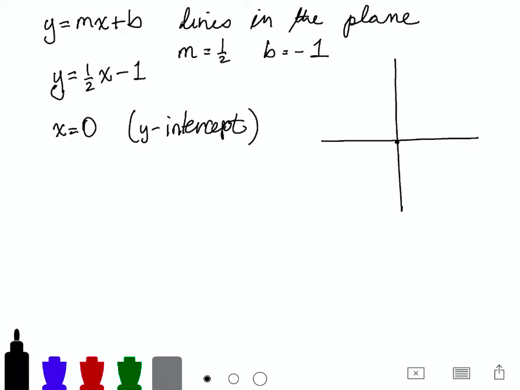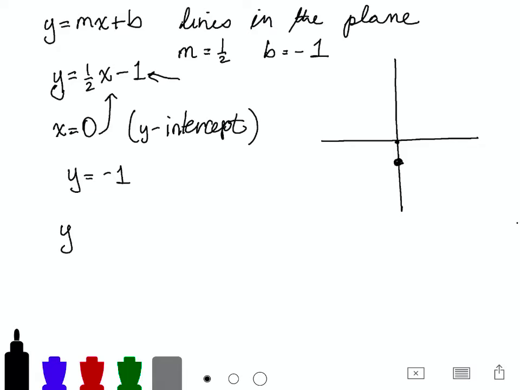But on the y-axis, you have to figure out where you are. So if x equals 0, we plug 0 in here to get y equals negative 1. So we know that the y-intercept is negative 1. So here's 1 point, our first point on the line represented by this equation.